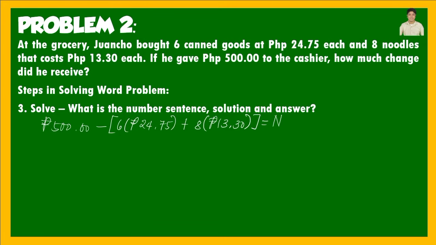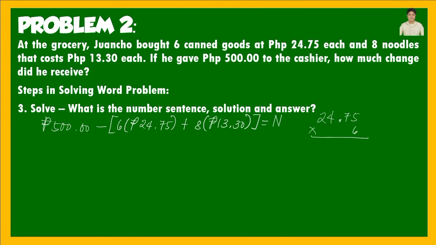So, kailangan nating makuha yung product ng 6 and 24 pesos and 75 centavos. And then yung 8 tsaka yung 13 pesos and 30 centavos. So dito muna tayo sa 24 pesos and 75 centavos times 6.